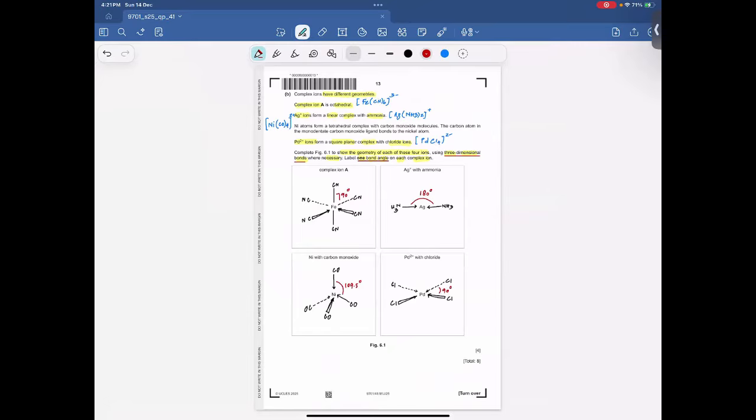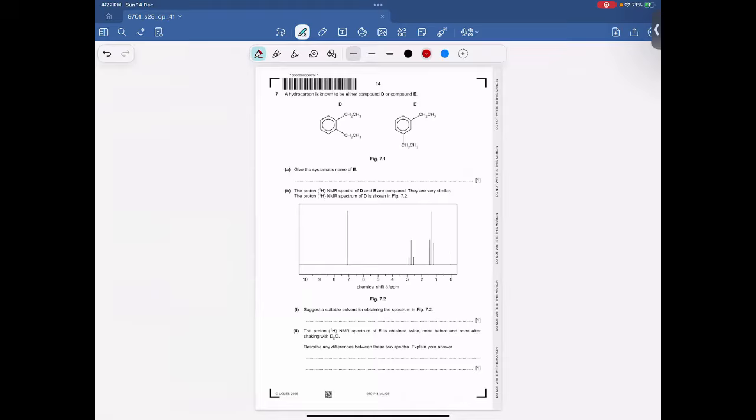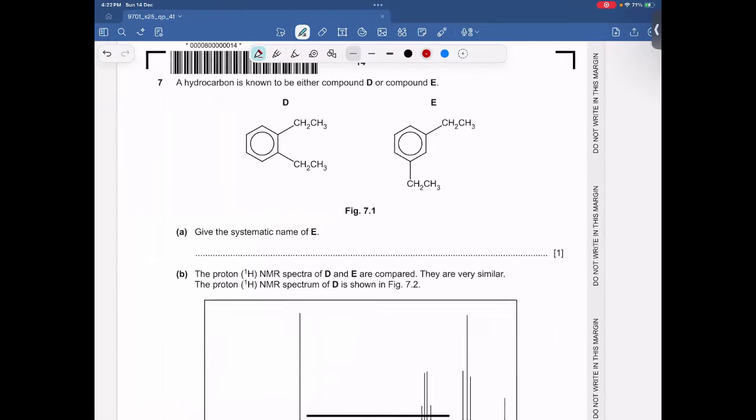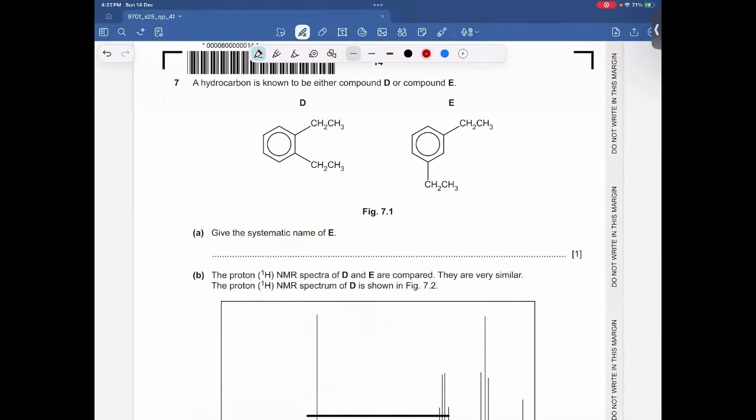Let's move on to question number 7. The hydrocarbon is known to be either compound D or E. Give the systematic name of E. So this is going to be the first carbon, second carbon, third, fourth, fifth, and this one is sixth.